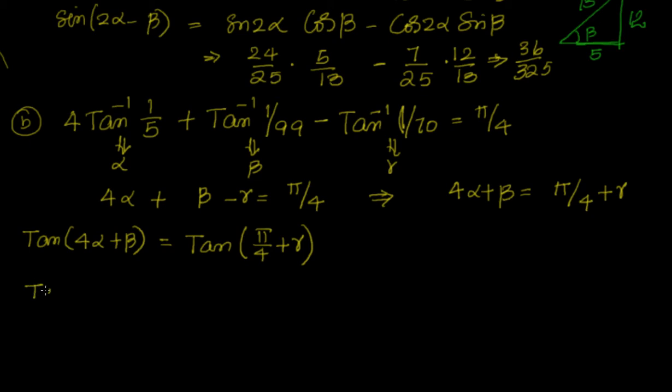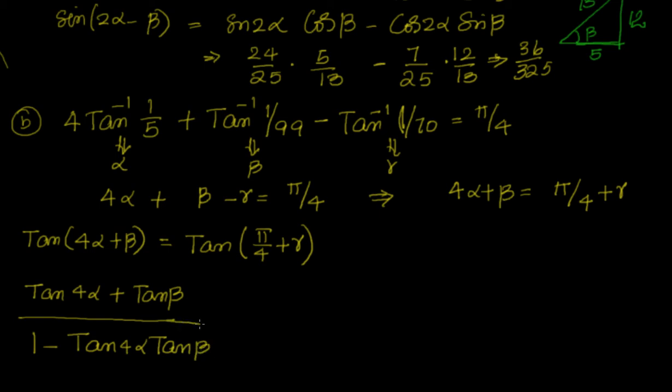Tan of 4 alpha plus tan beta by 1 minus tan 4 alpha tan beta should be equal to tan of pi by 4, which is 1, plus tan gamma by 1 minus tan gamma.